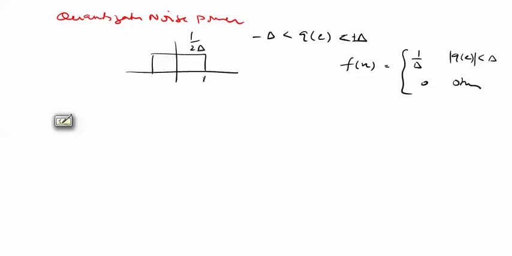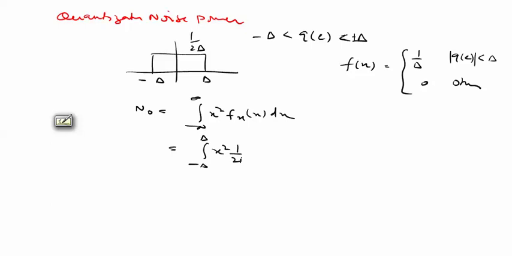The noise power is the integral of x square times the PDF, and by solving this expression we get del square by 3.